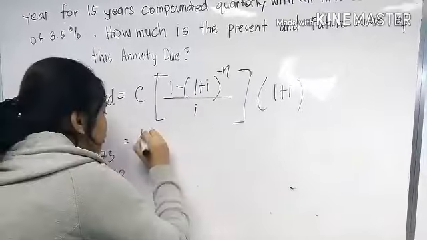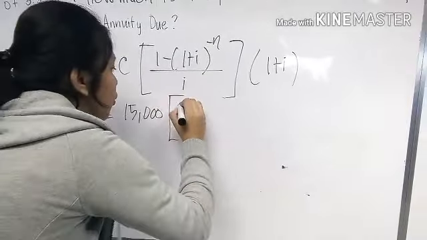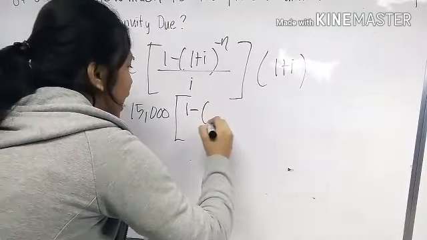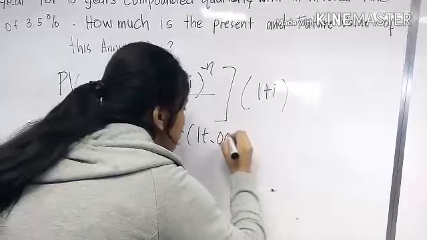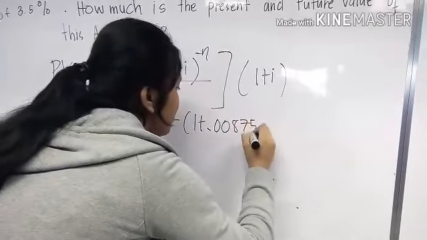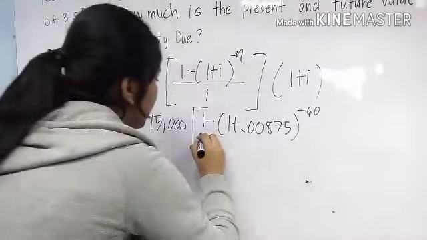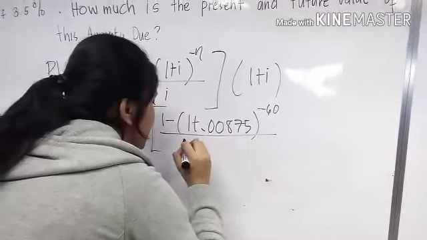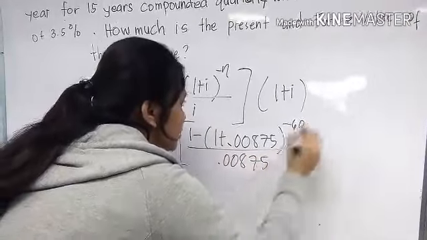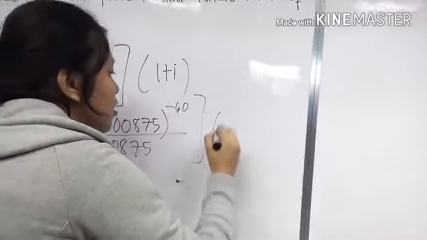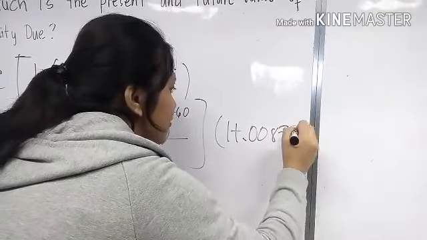So now, 15,000 quantity 1 minus (1 plus the interest rate 0.00875) raised to negative 60, the payment interval, over the interest rate 0.00875, times 1 plus 0.00875.